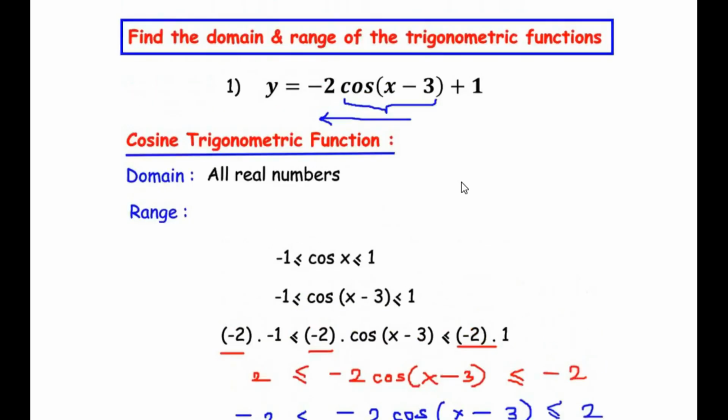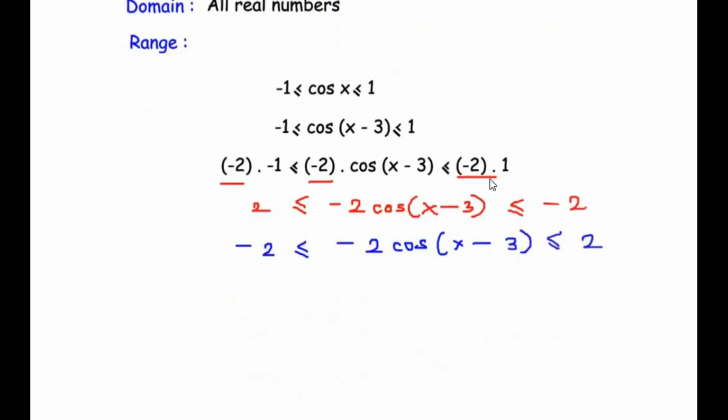Next, let us come back to this. Now we have +1 to be added to -2 cos(x - 3). So now again when we are doing this, we have to do it for the entire range. So here -2 plus 1, -2 cos(x - 3) plus 1 and 2 plus 1. So let me write here. Now the next thing is just simplification.